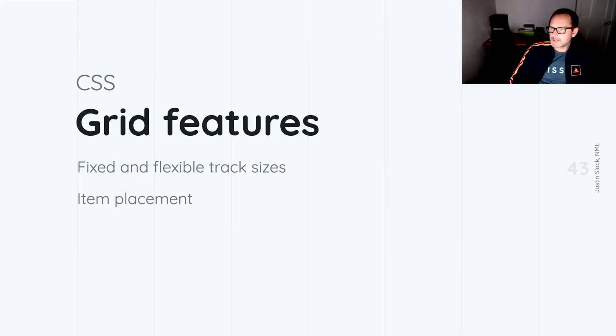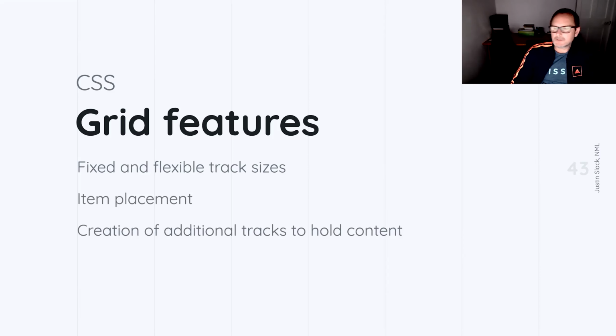So item placement I've dealt with, and then creation of additional tracks to hold content. You can declare a grid, and additional rows and columns are just added as needed, within the constraints of your container, of course.